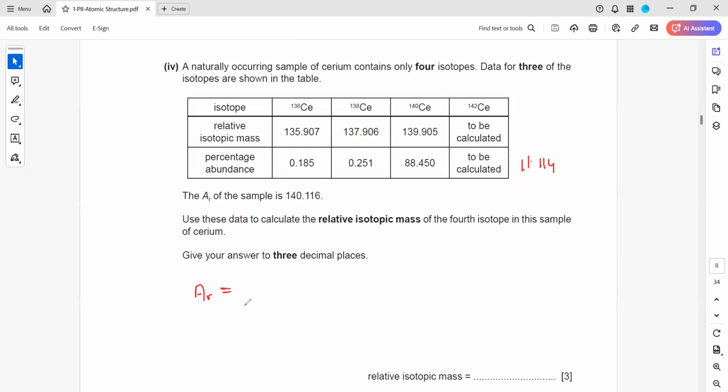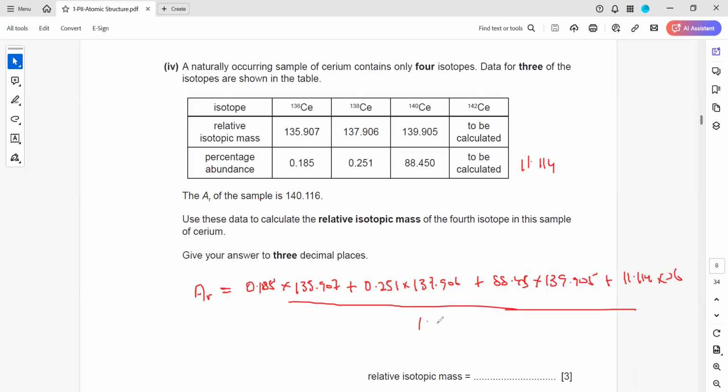So the percentage 0.185 multiplied by its mass, 135.907, plus the percentage 0.251 multiplied by its mass, 137.906, plus the percentage 88.450 multiplied by its mass, 139.905, plus the percentage 11.114 multiplied by its mass, which is x, we don't know, and the total divided by the sum, which is 100.